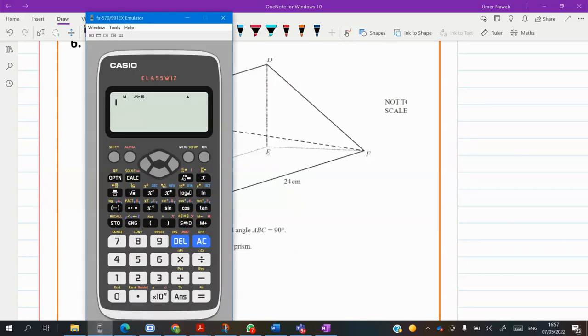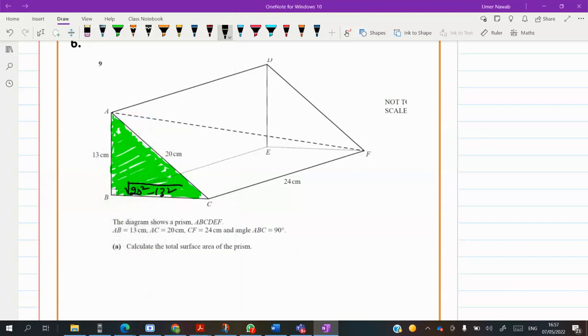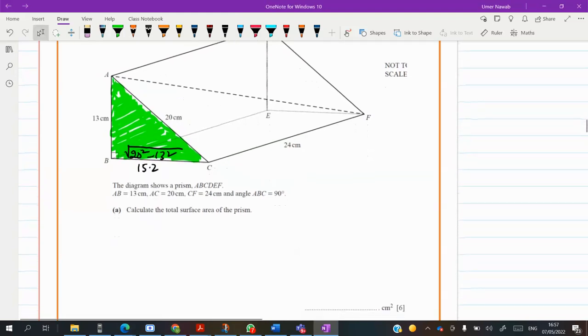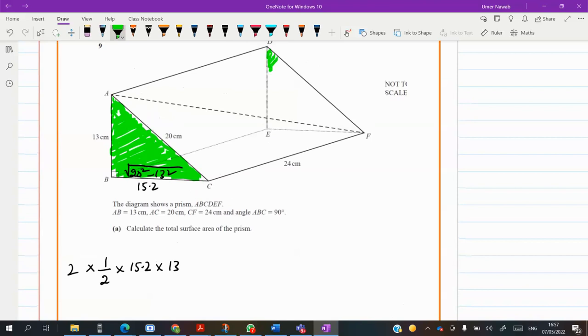It gives me 15.2. Area of the front triangle is half times 15.2 times 13, half base times height, times 2 because I want to get the area of the back triangle.